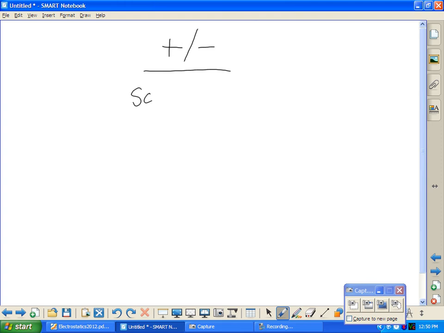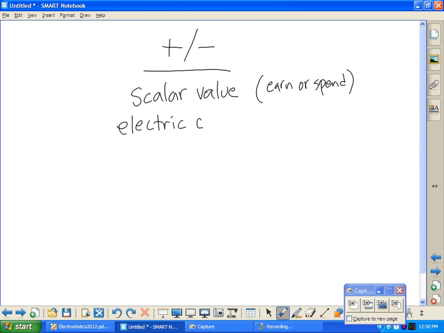They might be used to indicate a scalar value greater than or less than 0, as in earn or spend. And that has nothing to do with their use indicating electric charge. We use the same symbols, we use the same word, but we say negative equals the charge on an electron. Completely different.